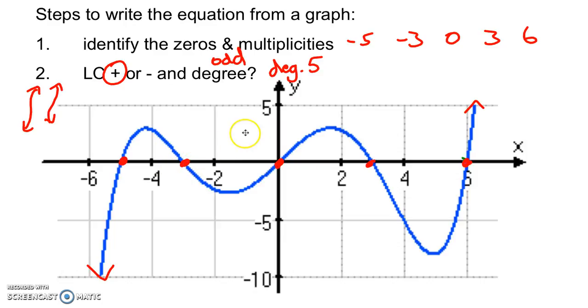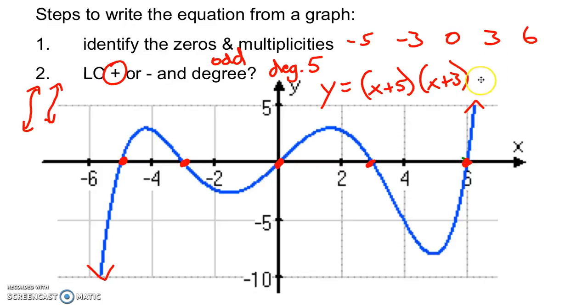All right, now I can write my equation. I know that my leading coefficient is positive, so I don't need a negative there. And now I'm just going to use my zeros to write my factors. So I have an x plus 5 because that would result in a negative 5 as a zero, an x plus 3. What about this 0? Well, that's an x plus 0, which is just x.